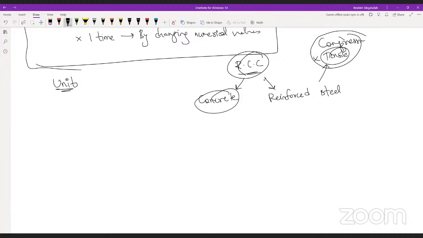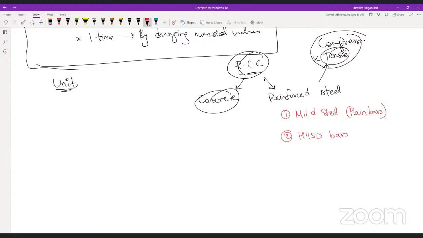When it comes to reinforced steel, there are three different types of steels which we use in our structures. One is mild steel, which are also plain bars. Next is HYSD bars.